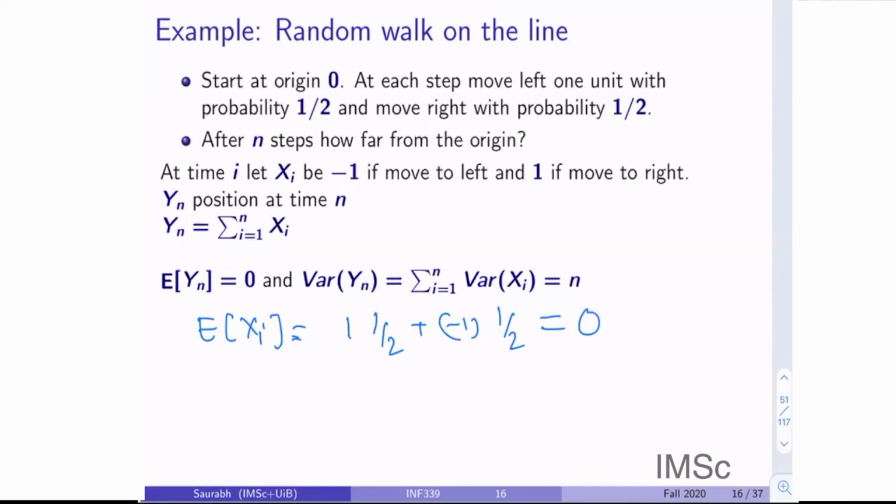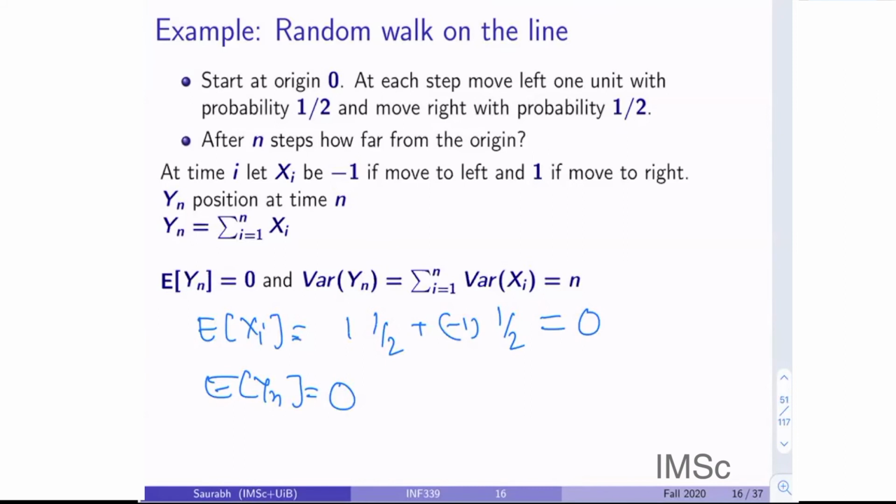So definitely the expectation of yn is 0. So if you have these coin tosses and you do this, your expected displacement from the origin is 0. You will be back at your own place.